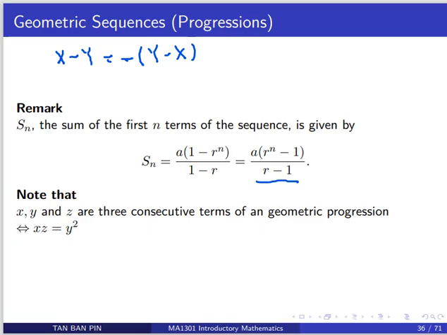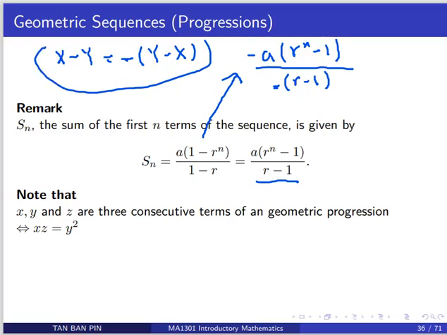So you can do this to the numerator and denominator: a times (r^n minus 1) with a minus sign, over (r minus 1) with a minus sign. You interchange the front and the back term, then you need a minus sign. Then you can cancel the two minus signs, and it will give you this.